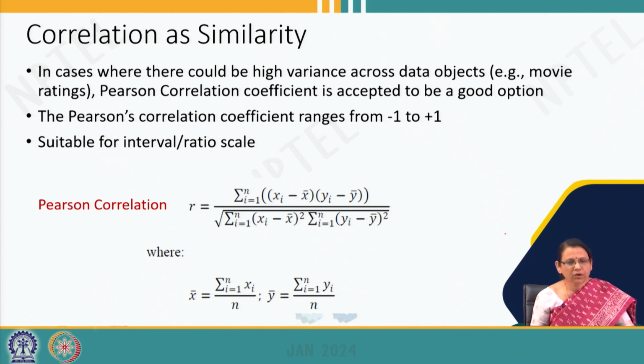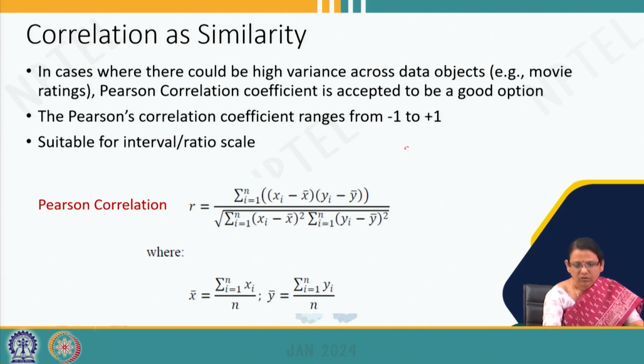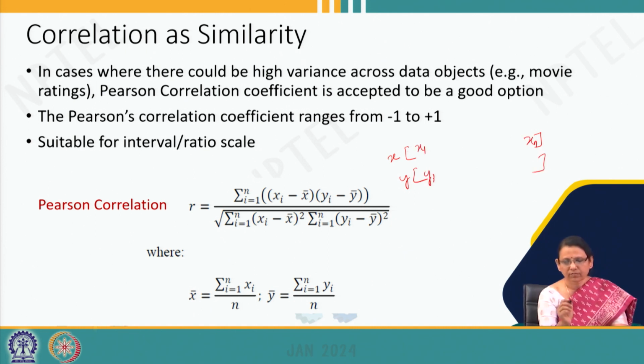Now, when we talk about correlation as a similarity measure, we are not talking about attributes, we are talking about two vectors, let us say x, x1 to xn, and y, y1 to yn.